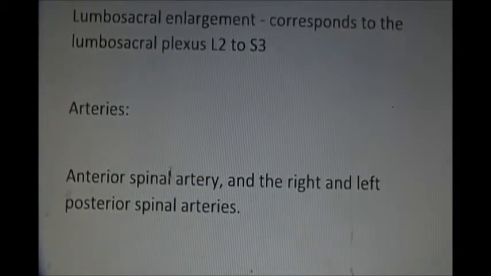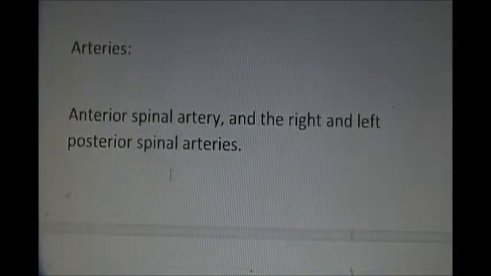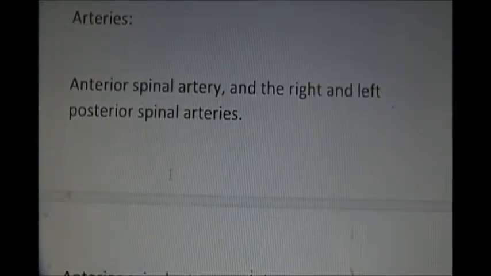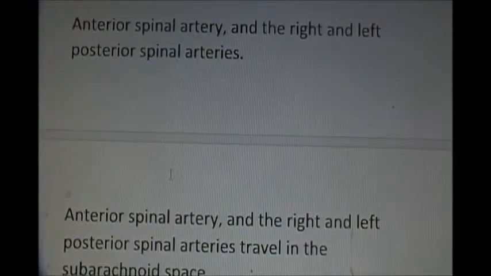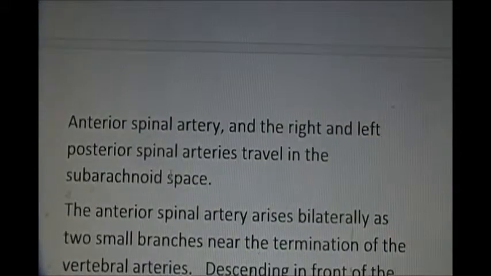The blood supply of the spinal cord. There is one anterior spinal artery and two posterior spinal arteries, the right and the left spinal artery. Where does it arise from? It arises from the vertebral arteries near their end point.